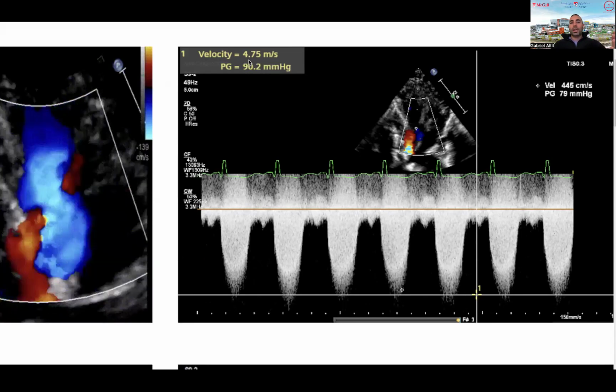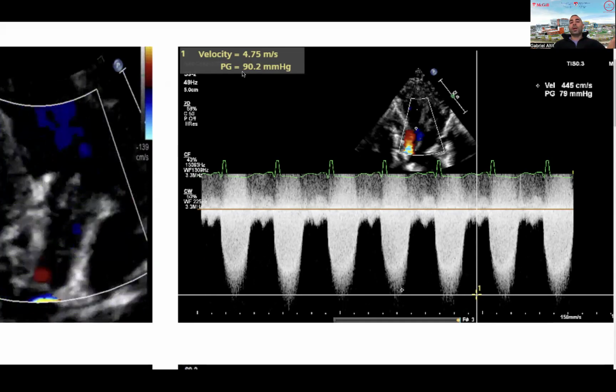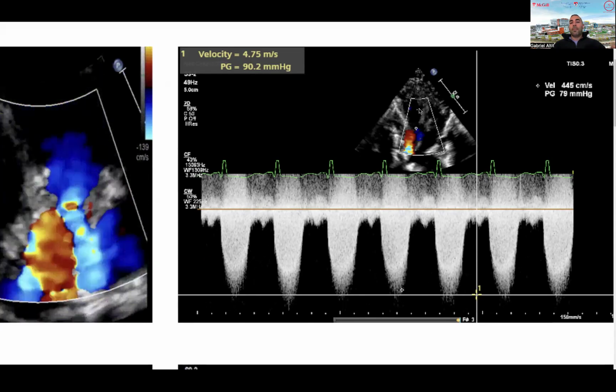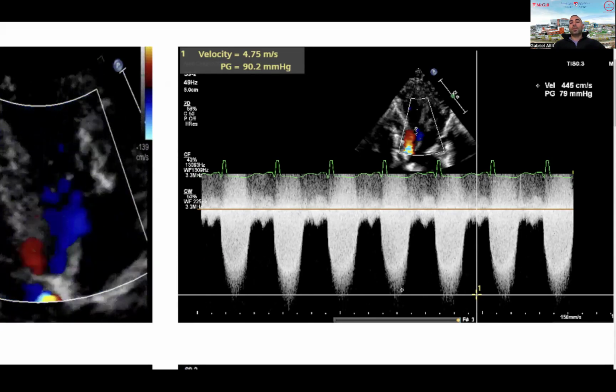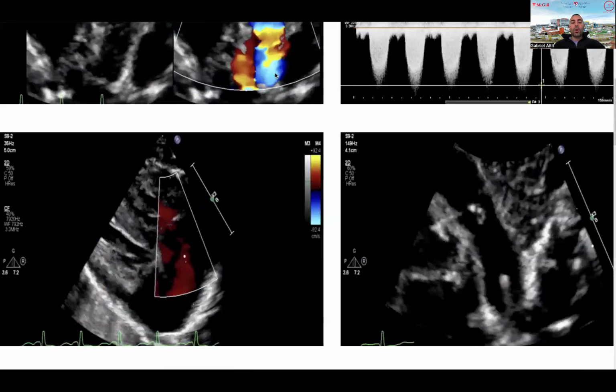If you put this in the modified Bernoulli equation, 4 times v squared, it gives you an estimate of the gradient between the two structures, the RV and the MPA, of 90 millimeters of mercury. So we go on.